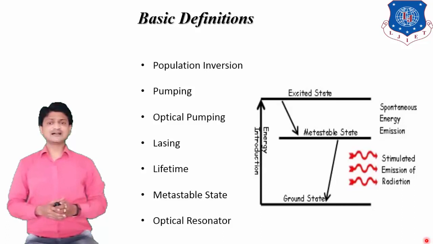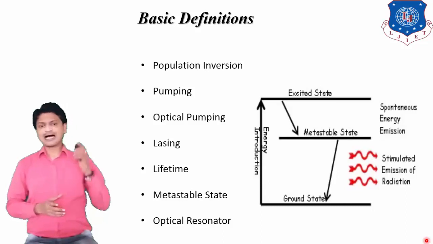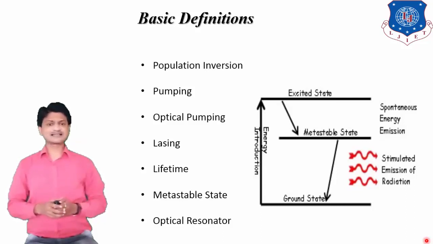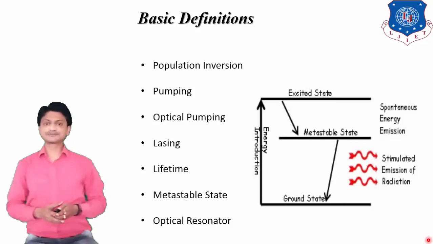Now, optical pumping is the mechanism of exciting atoms from the lower energy state to the high energy state by supplying energy from an external optical source, or we can say a light source. So in optical pumping, the pumping mechanism is achieved by an external optical source.